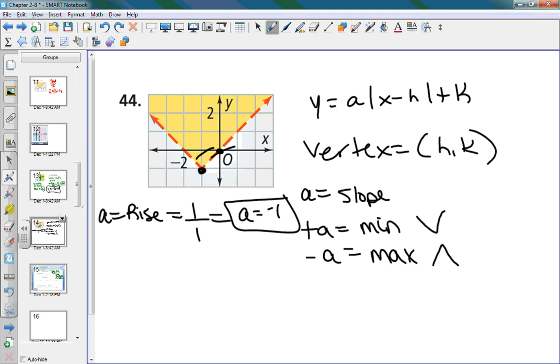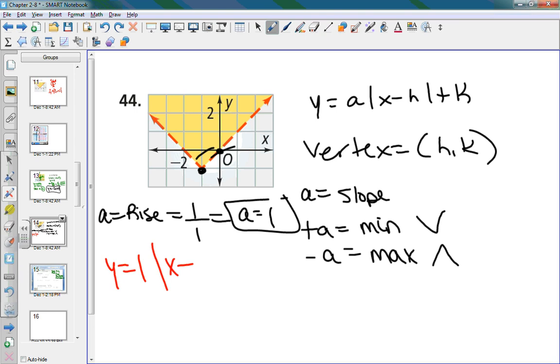So I have A, H, and K, so what's my equation? Y is equal to A, which is positive 1, times the absolute value of X minus, what is H?